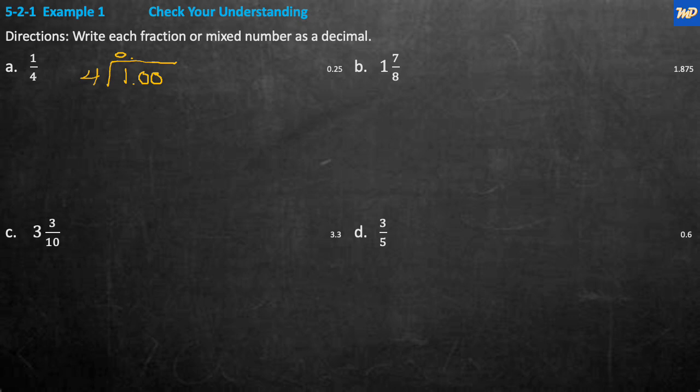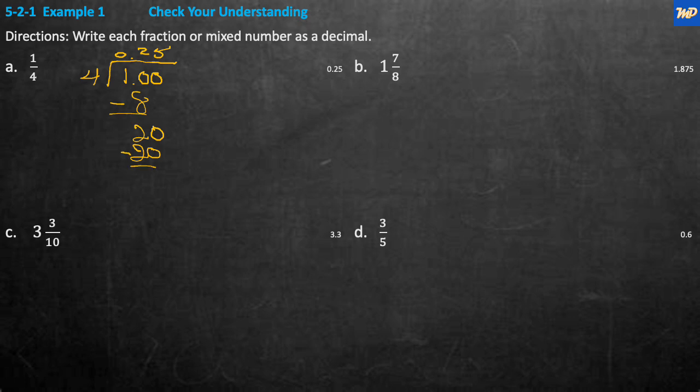Does 4 go into 10? Yes. How many times? 2 times. 2 times 4 is 8. 10 minus 8 is 2. Bring down the 0. Got to bring down the 0 because the 2 is a remainder, and it's not a 0 remainder. And we're going to divide by 4. 20 divided by 4 is how much? 5. 5 times 4 is 20.